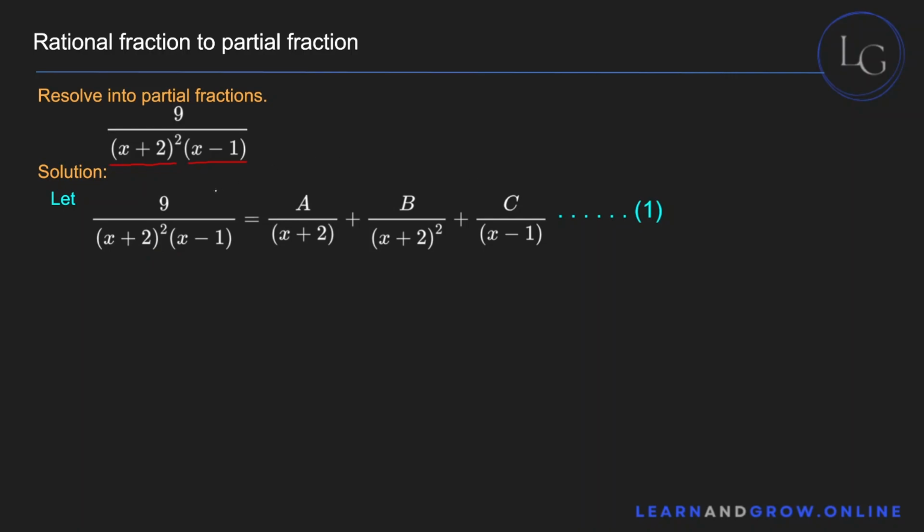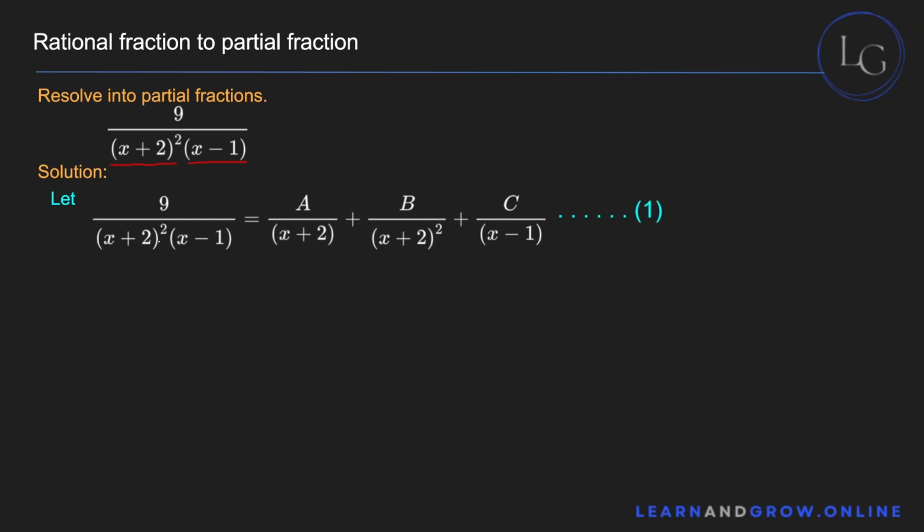Well, you'll first have to resolve the x plus 2 whole square part of the denominator. And how will you do that? Well, as you remember, you'll have two partial fractions over here, obviously in increasing powers of x plus 2. So we'll have a over x plus 2 to the power 1 plus b over x plus 2 to the power 2.